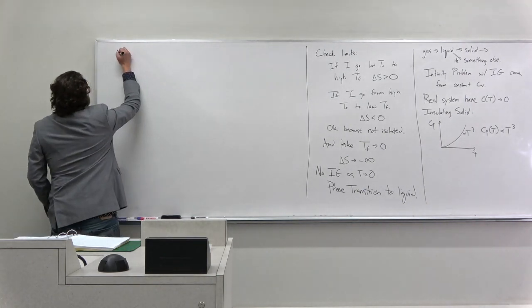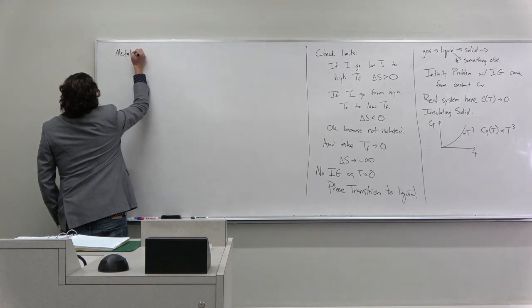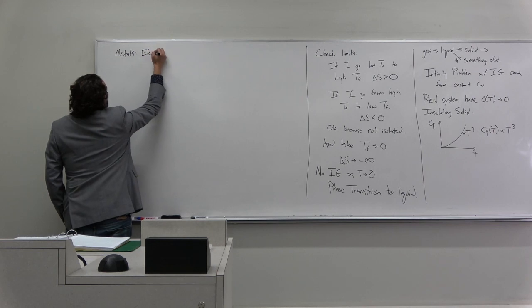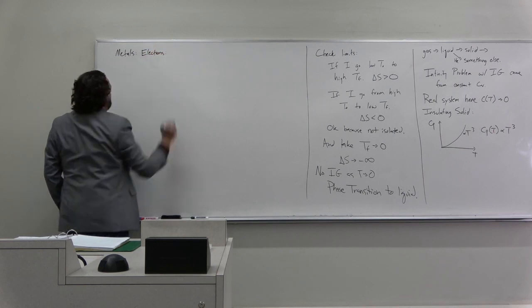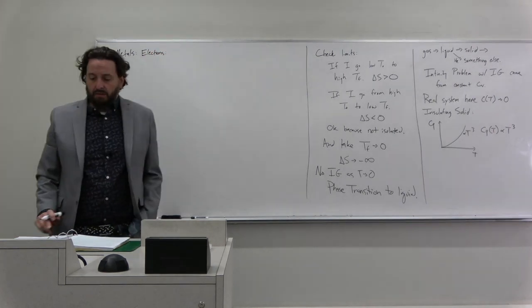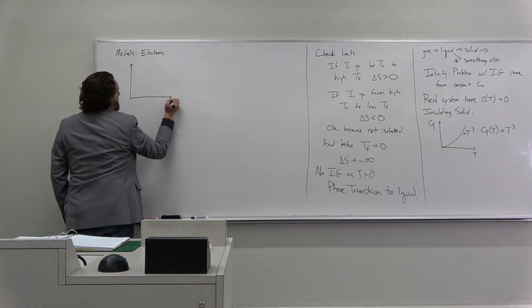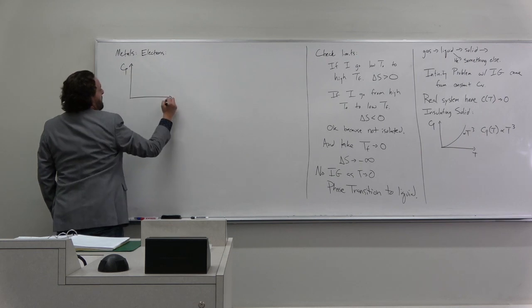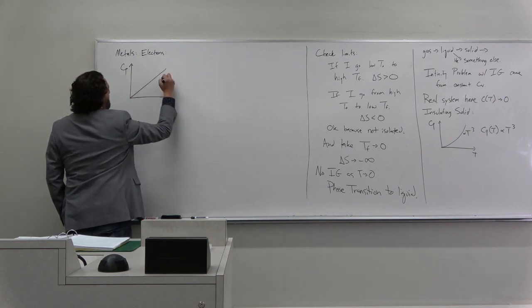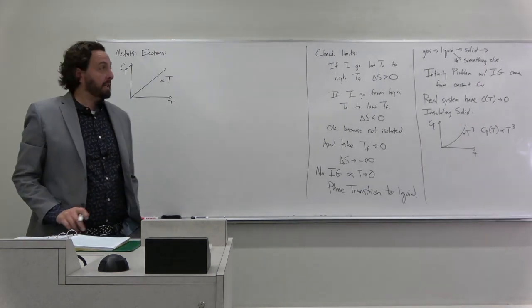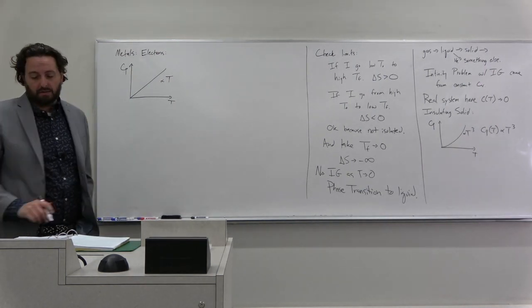For a metal, the electrons in a metal actually have a different heat capacity. So you'll learn about this probably in 415 when you take it some more. But metals have a heat capacity that varies linearly with temperature. We'll talk more about that next time, when it's actually kind of an interesting one.